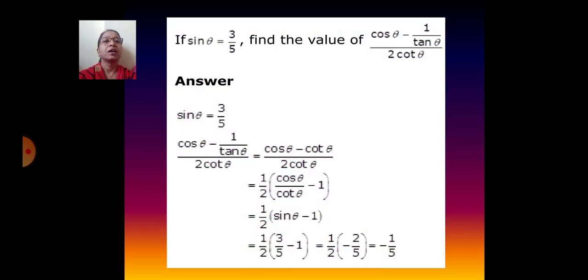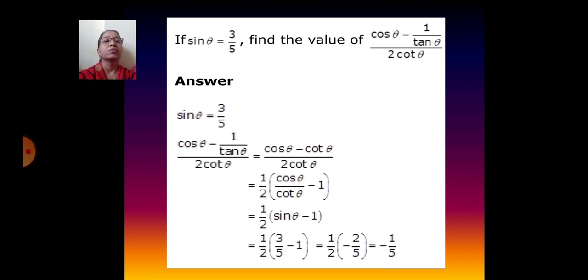Now next, if sin theta is equal to 3 upon 5, find the value of cos theta minus 1 upon tan theta, whole divided by 2 cot theta. So what is given to you? Sin theta is equal to 3 upon 5. Now the required expression, once again you copy down: cos theta minus 1 upon tan theta, whole divided by 2 cot theta.